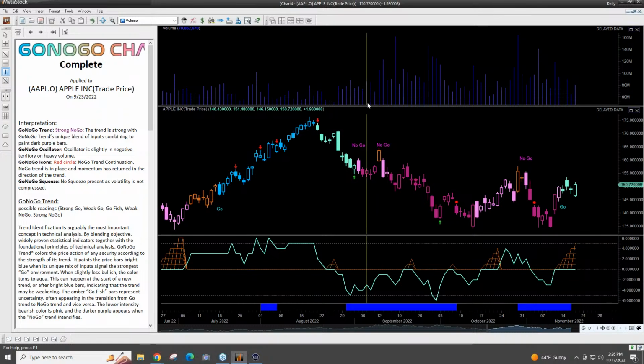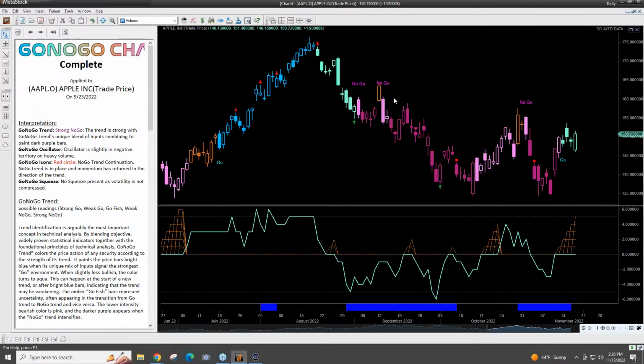Right here, where you had a lot of volume, there's a start of it, and you can see how large the volume was. You can also hover over it and see how much volume. That one particularly had 162 million in volume. So definitely a good way to identify if it's going to be a strong or a weak trend. I'm going to go ahead and take that off.